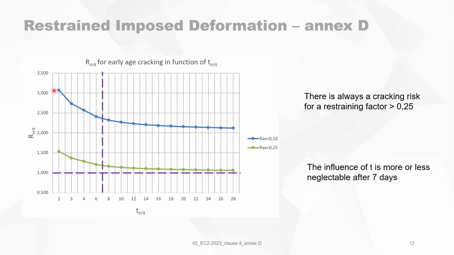In the beginning, from 2 to 7 days, the influence on the cracking risk is big, but after that, it is more or less negligible. That's an interesting thing because now we can adopt T critical equal to 7 days. So we say that the risk of cracking is the highest after 7 days.